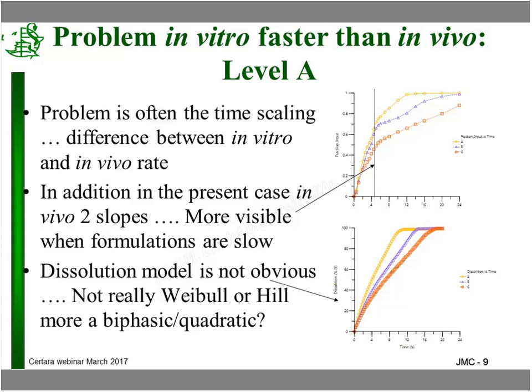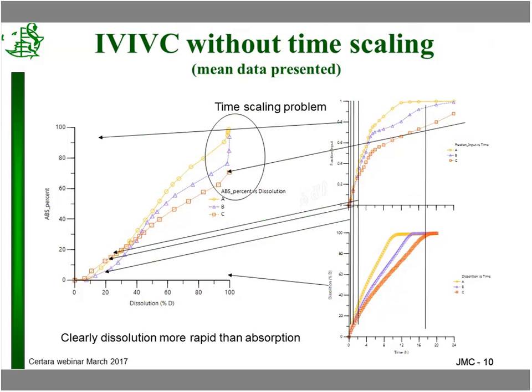Second problem that I will have is how can I fit my in vitro data? And we are going to see that later on. If I make, based on those data, a classical IVIVC, I will have something like this. How can I do a classical IVIVC? I am going to correlate the same time in vitro and in vivo. That means I have, for example, dissolution and absorption at half an hour, 1 hour, 2 hours, and so on.